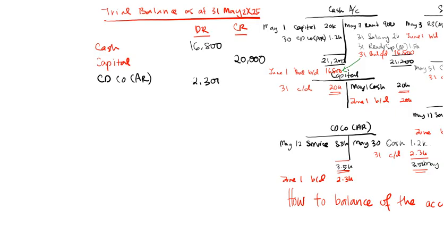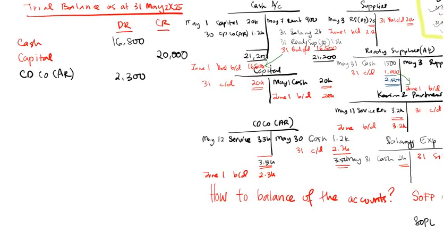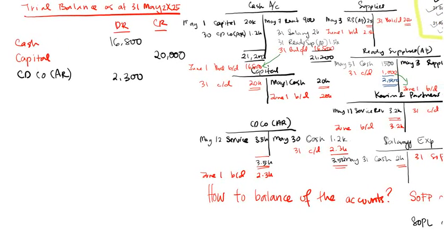And let's check on the rest. We have supplies, $2,500. Ready Supplies, which is your accounts payable. We still owe them 1,000.